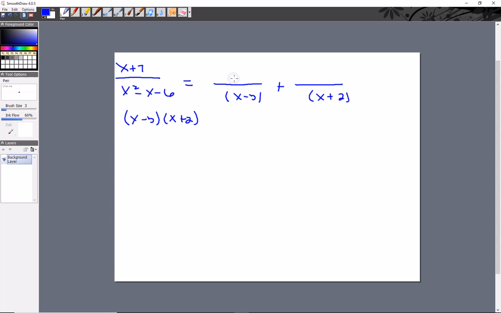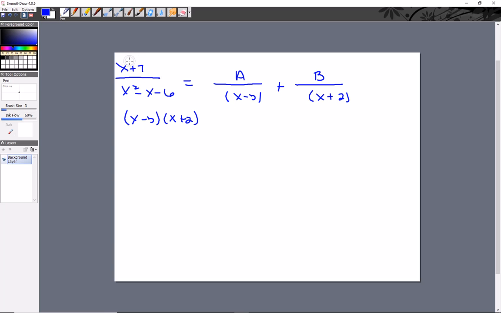We don't know what those numerators are, so we'll start with this being A, and this will be B. Imagine that if we got a common denominator, we would be missing an x minus 3 over here, so we would multiply the top and the bottom by that. Over here, we're missing an x plus 2, so we would multiply numerator and denominator by x plus 2. Then we would be able to put the two together under a common denominator, and it should reestablish the original numerator. So now what to do with all of this?